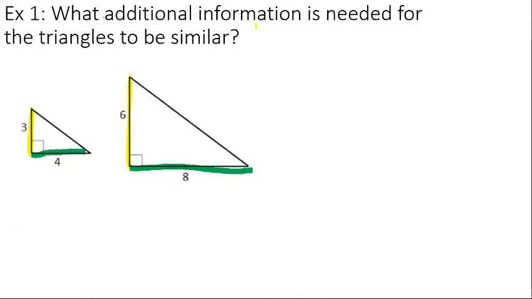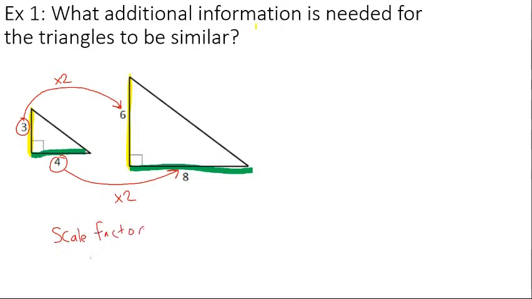So what we need to figure out is, if you go from 3 to 6, you multiply by 2. Meaning from 4 to 8, multiply by 2. So we have a scale factor of 2.